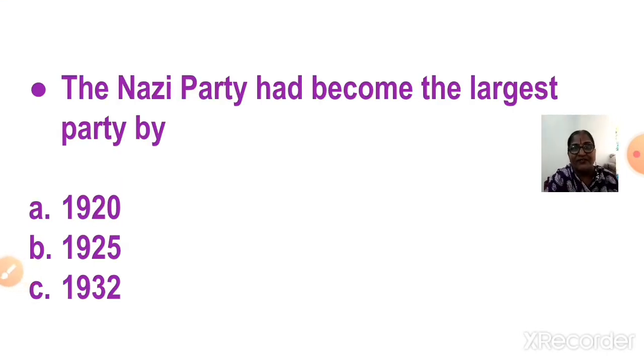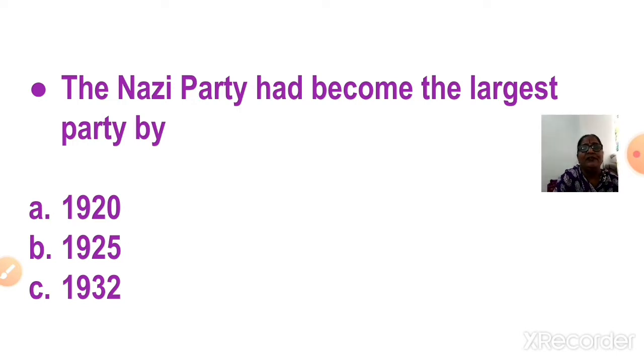Easy questions, right? First two were very easy. Okay, the Nazi Party had become the largest party by the year. In which year?